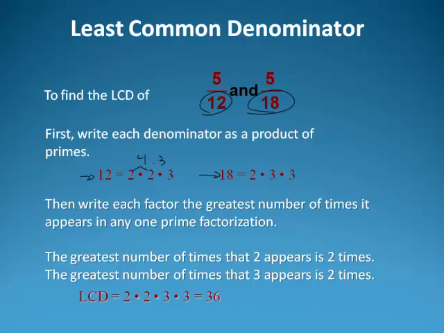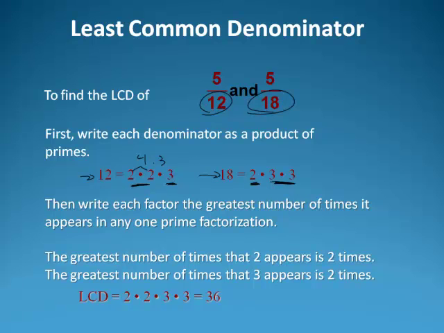Now what we're going to do is we're then going to write each factor the greatest number of times it appears in any one factorization. Okay? So notice that for both of those numbers, we have two different types of factors. We have factors of 2 that appear in those numbers, and we have factors of 3. But depending on the number, they appear a different number of times.